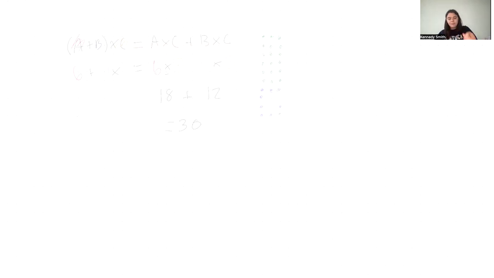And this way, you can add them up, or you can see the 6 plus the 4 is equal to 10 times 3. And that's an easier way of getting our final answer of 30. So that is just a different way of looking at it.